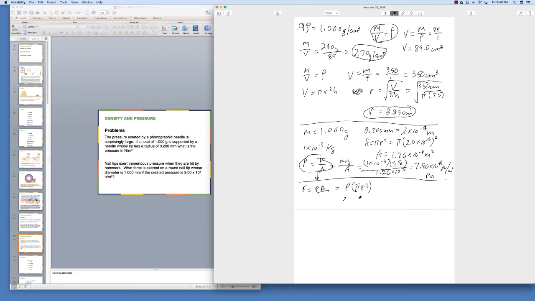So you're going to have 3 times 10 to the 9th times pi times 1 times 10 to the minus 3rd squared. And you do all that and you get 9.42 times 10 to the 3rd newtons. So that's the force that's exerted on the nail tip when you hammer it with a hammer.